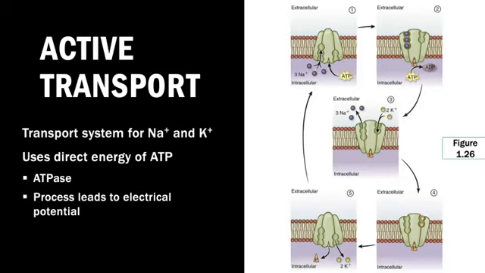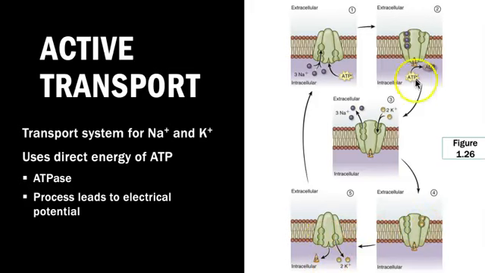We use a system for sodium and potassium. If you remember that sodium-potassium pump pictured over here, we find this pump in all mammalian cells. And it really is an antiport system, right? We are going to move those 3 sodium ions out of the cell and move 2 potassium ions into the cell.